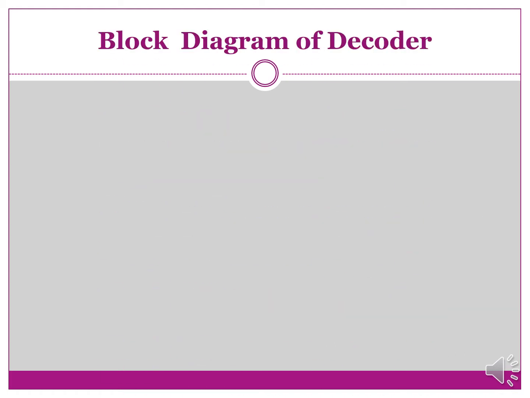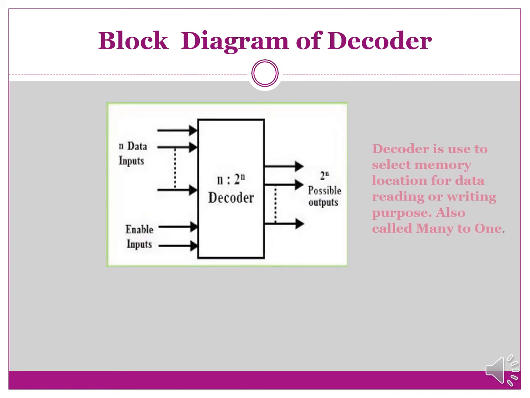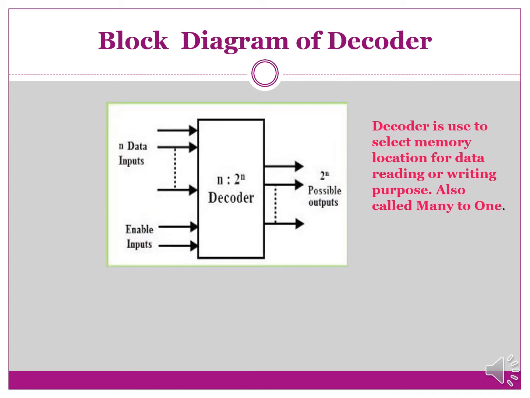Now our next term is decoder. Here the block diagram of decoder is given. Decoder is used to select memory location for data reading or writing purpose. It is also called many to one.